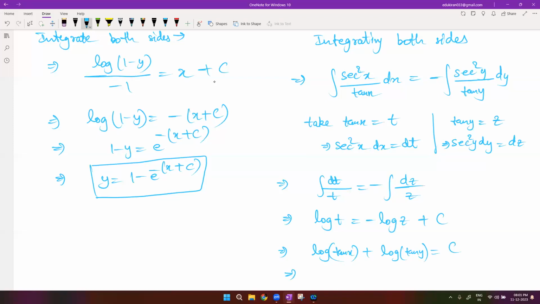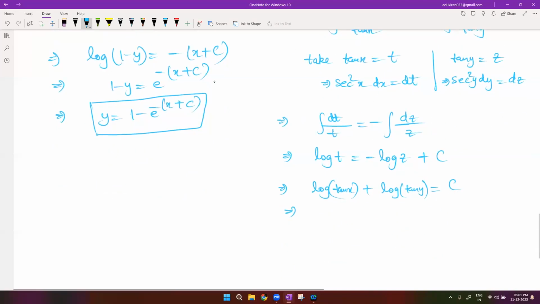Now can we combine them? Yes, definitely. So this will become log of tan x into tan y is equal to c. So this will become tan x into tan y is equal to e to the power c.